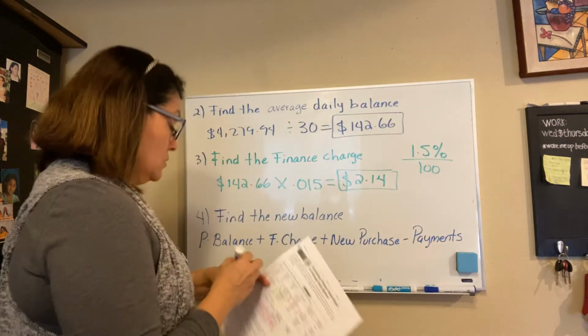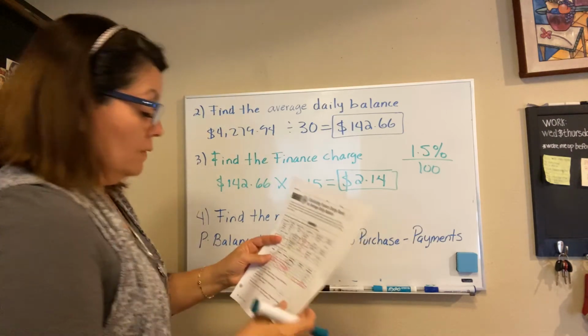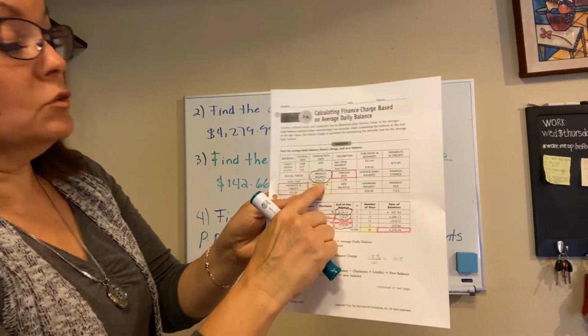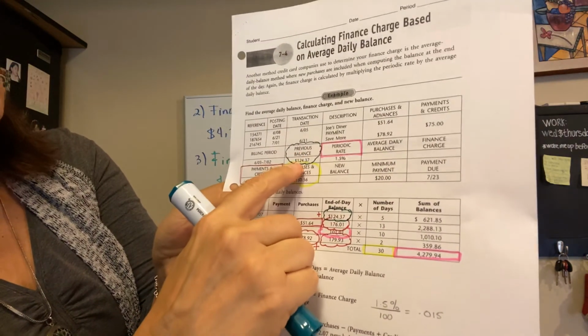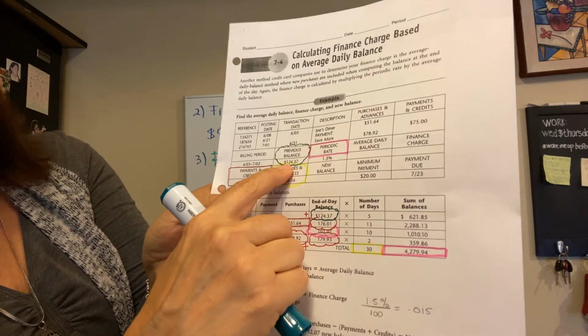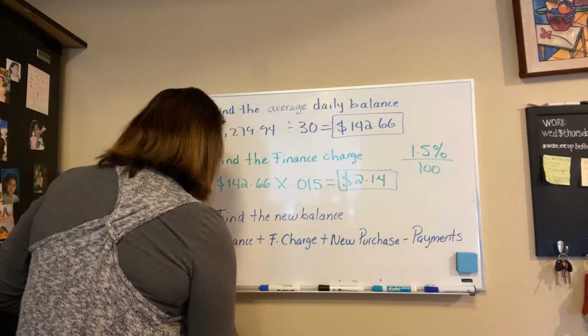Okay, so I'm going to do that over here. The previous balance is going to show you over here, guys. It is the previous balance, and it tells you this, 124.37.